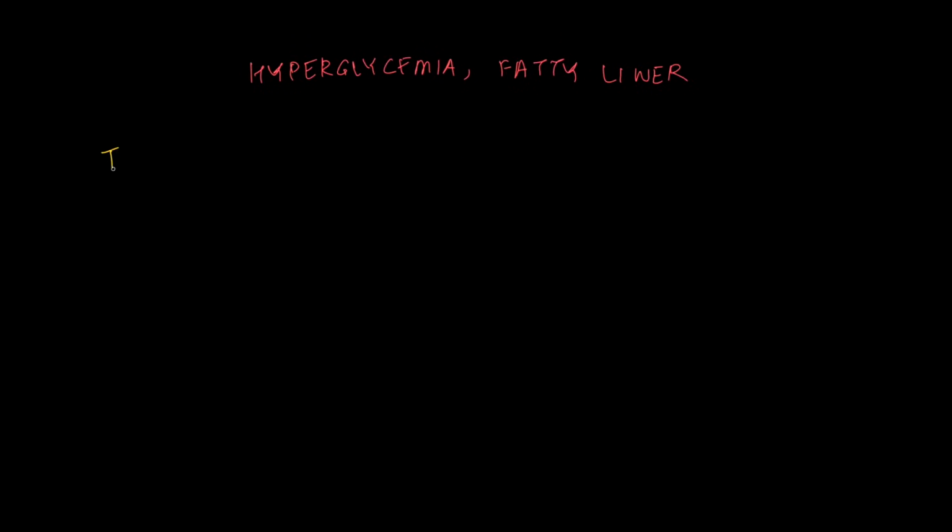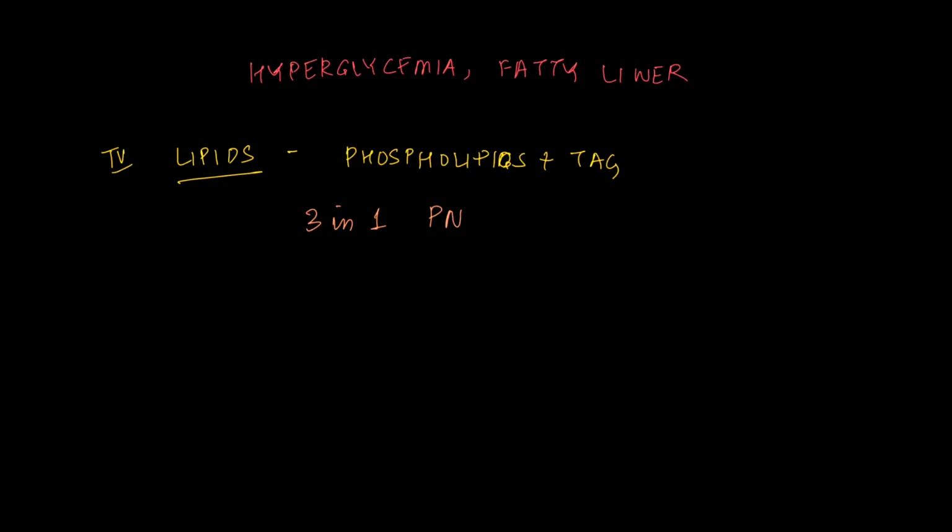Next, moving on to lipids. So the lipid component is mainly phospholipids and triglycerides. So this is better given in a 3-in-1 parenteral nutrition preparation. So I'll be discussing what that is in a little while.